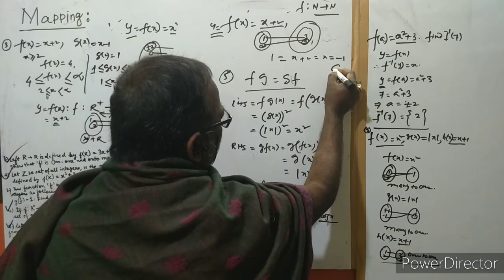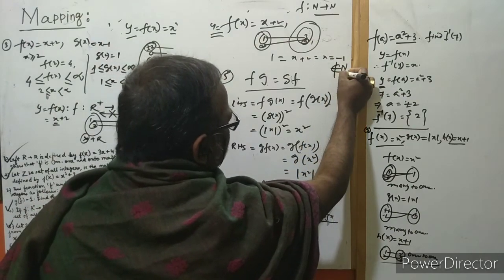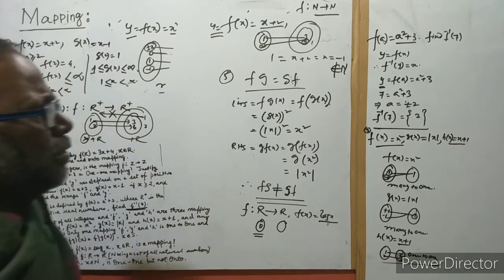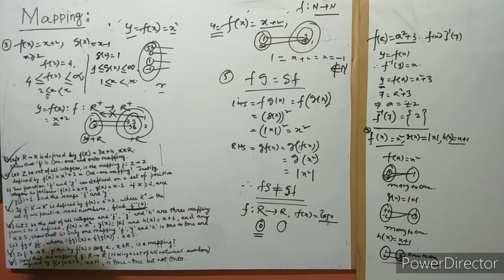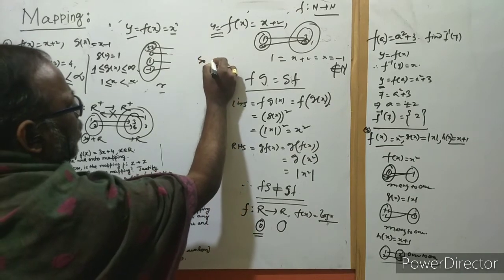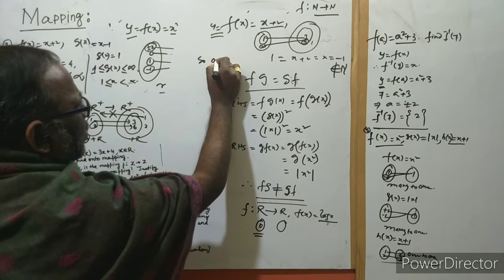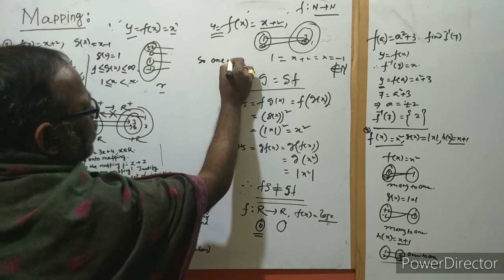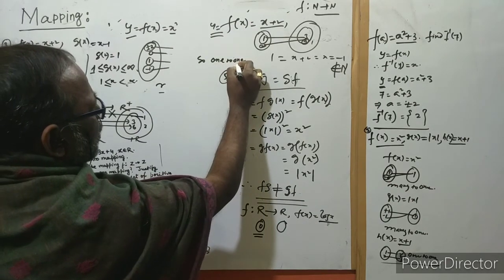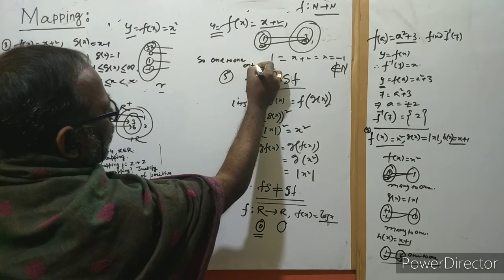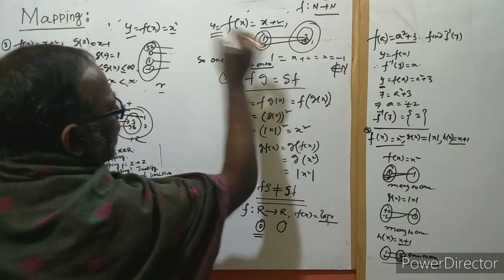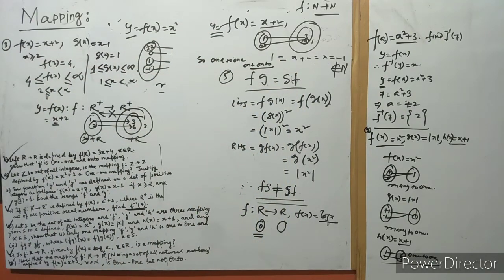So this value does not satisfy a natural number. Okay, so this is only a one-to-one mapping, but not onto.